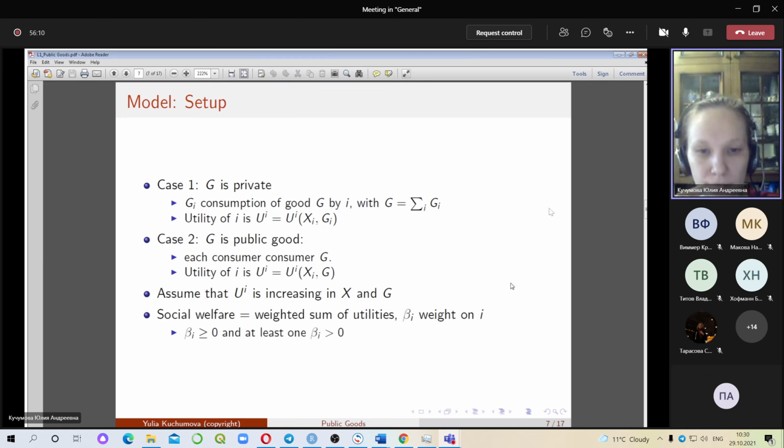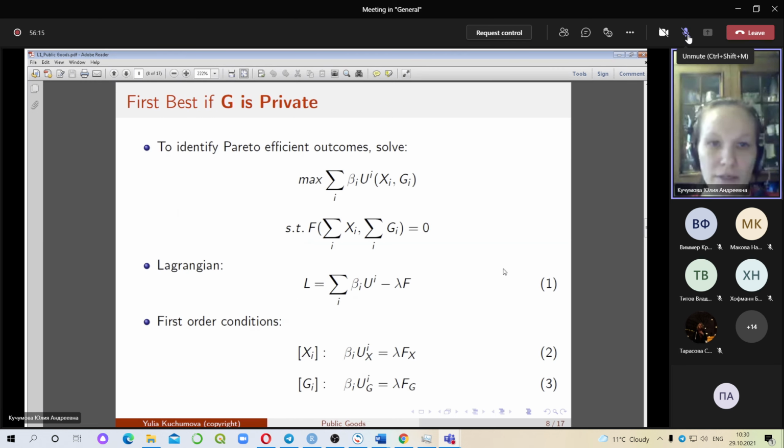And here is our problem. So here is the first case. We will consider the situation where G is a private good, and what we want to understand is the Pareto efficient outcome in this economy.